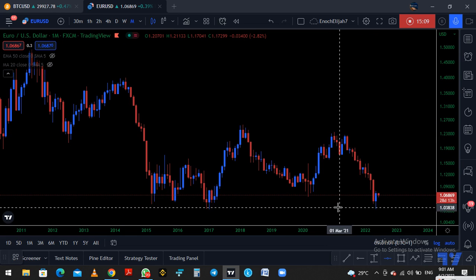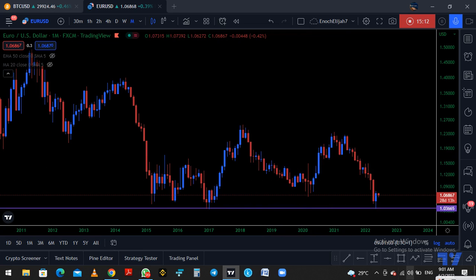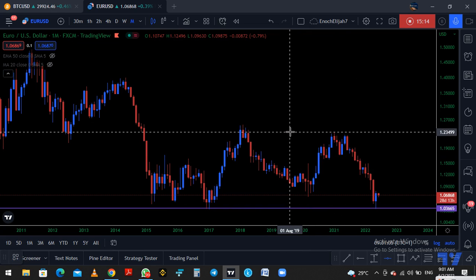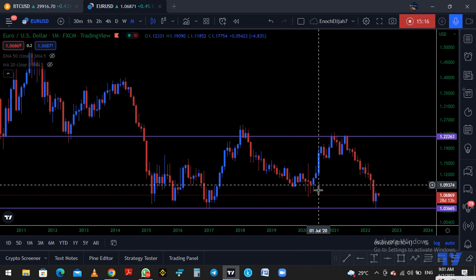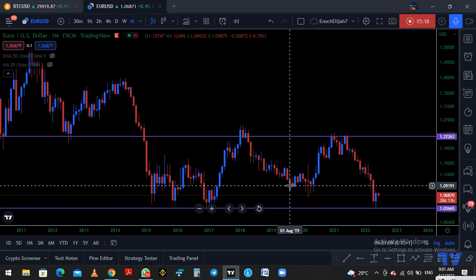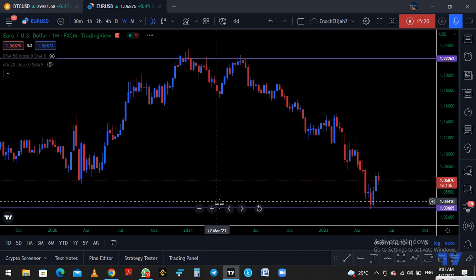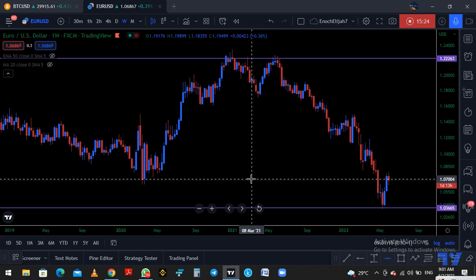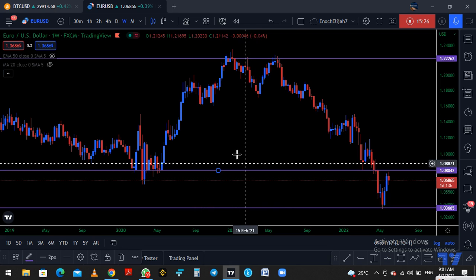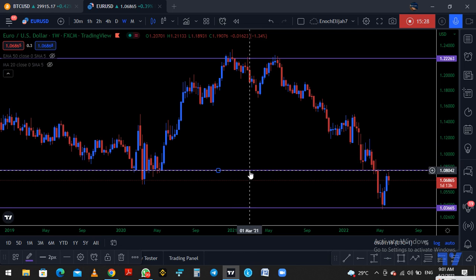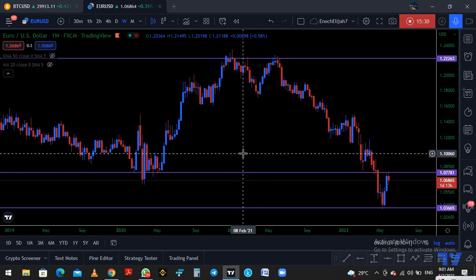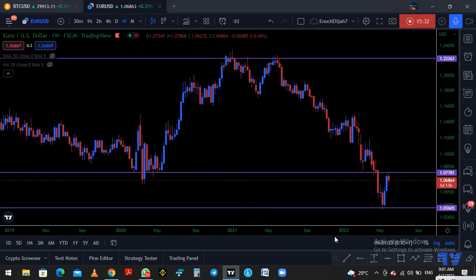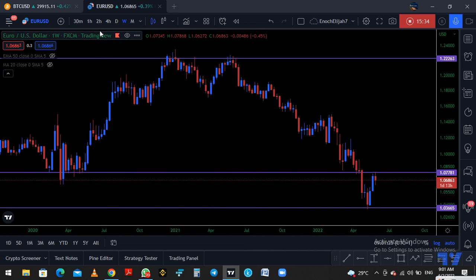Here too, we are also on a monthly support level. So let's see. The test of this resistance level is going on at the moment, and price seems to be right in that zone.